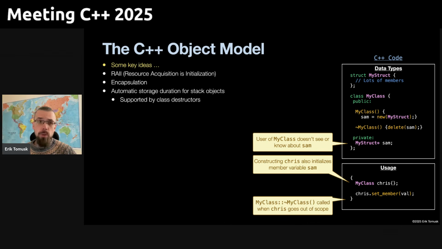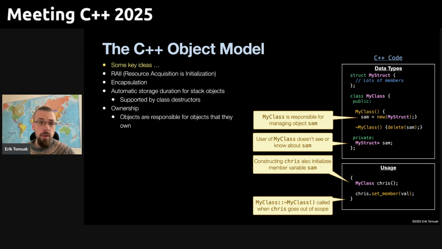This code is an example of automatic storage duration. In the usage example, I have an anonymous scope where the object lives, and once that scope finishes, that object is destroyed with the help of the object's destructor. More broadly, this code shows the idea of ownership, where my wrapper class has ownership of a separate object, the struct.